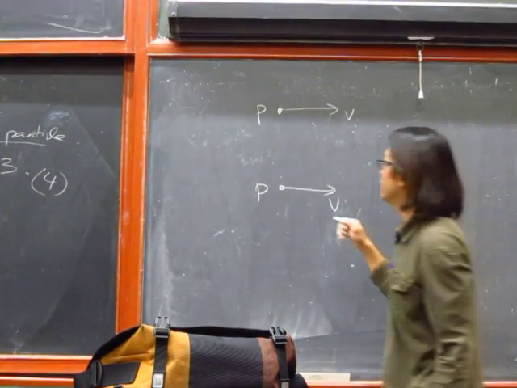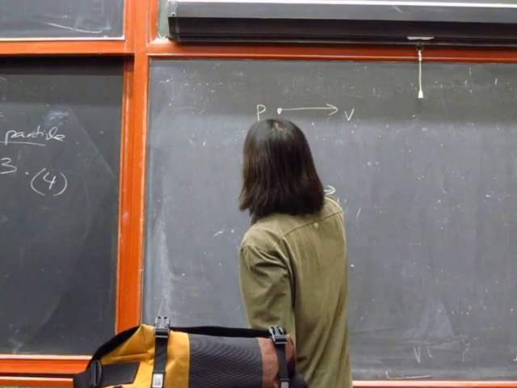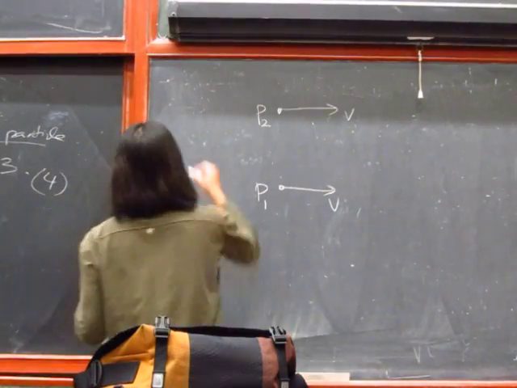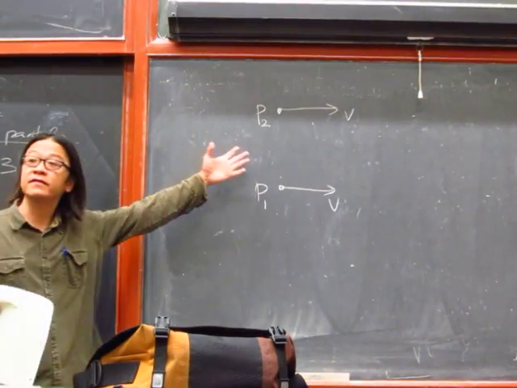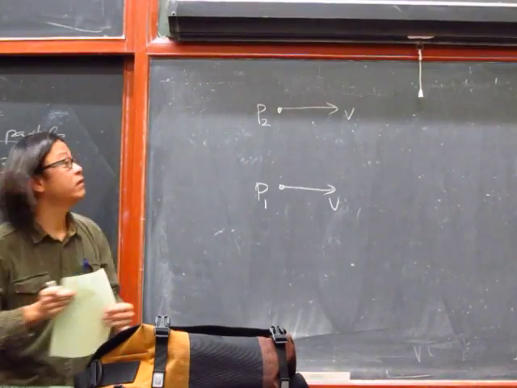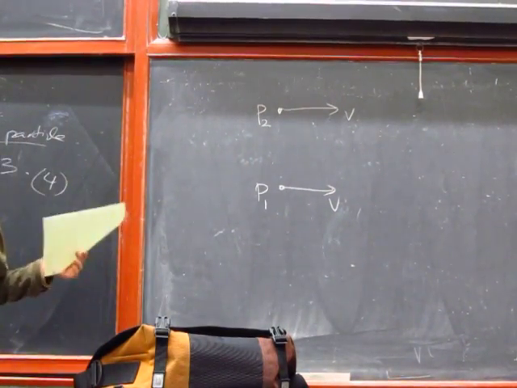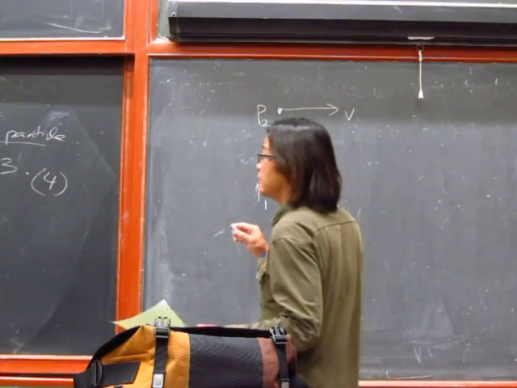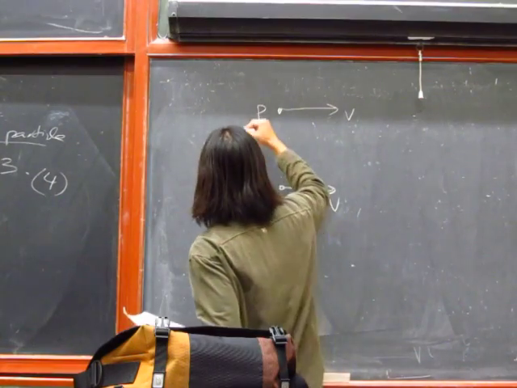Let's call this proton 1, that's proton 2. And let's look at things, of course, in our lab frame. In our lab frame, this is moving to the right. But we don't know yet what the forces look like in the lab frame. We just have to go through it step by step.